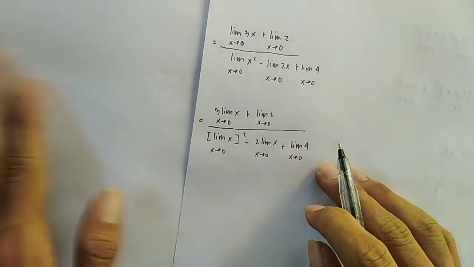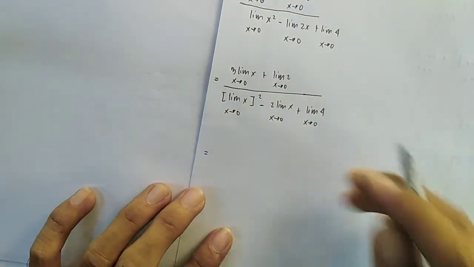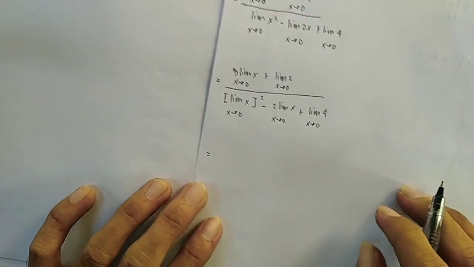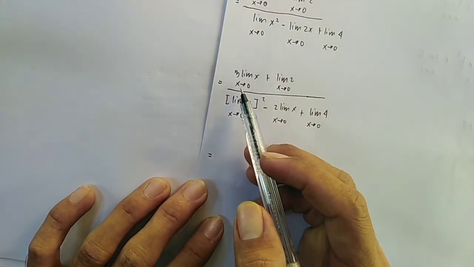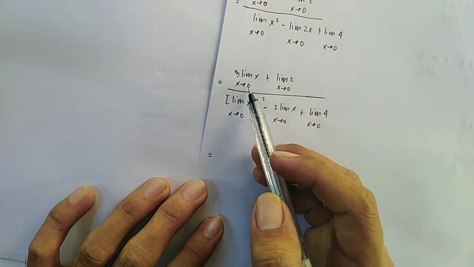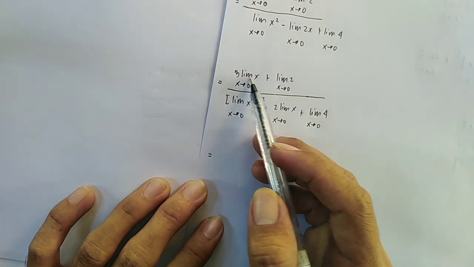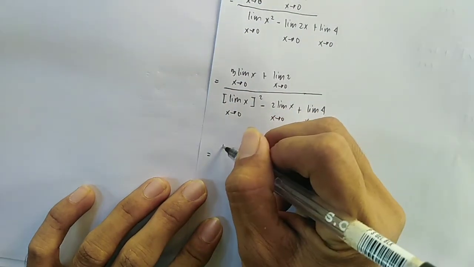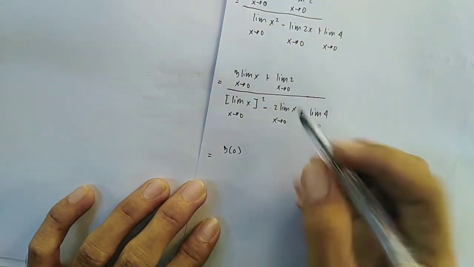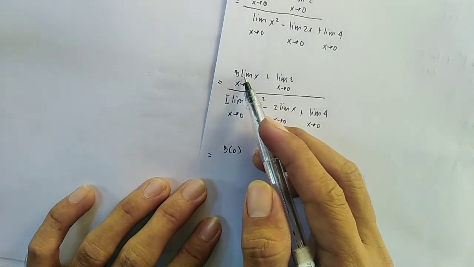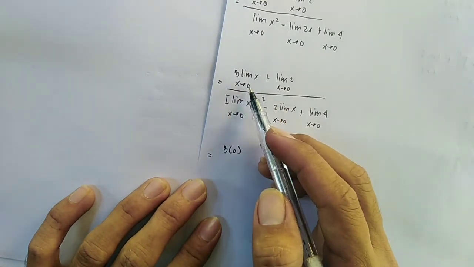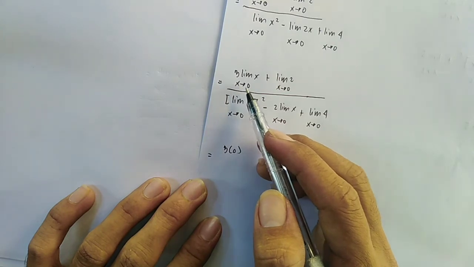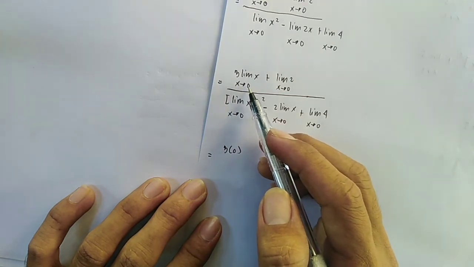Okay, so now we simply substitute the value that x approaches, so the value of our limit of x is 0. We multiply 3 times 0, because 3 times the limit of x, and the value of the limit of x is 0, because this is where x approaches.